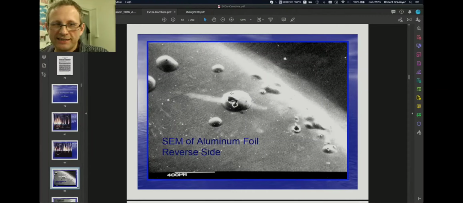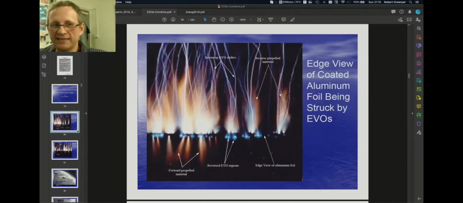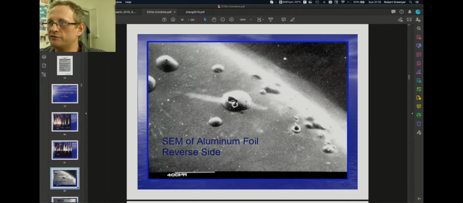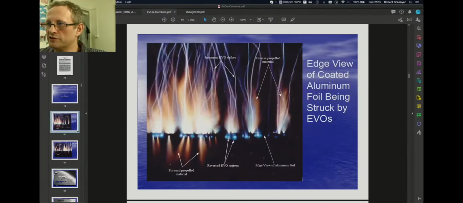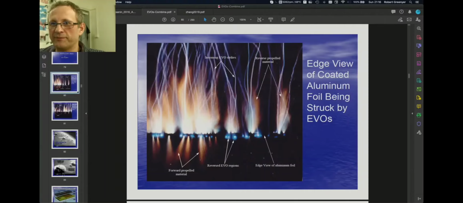This is where it is punching straight through, and this is what he calls forward propulsion, the ones with the jet coming out. The ones where you've just got the dimple, these are what he calls reverse propulsion, where it is capturing some material but not making it all the way through the aluminium and then throwing the mass back in the opposite direction.